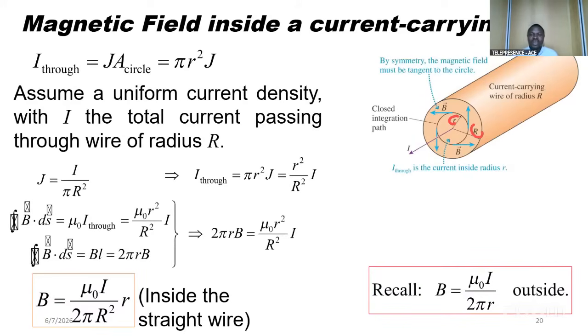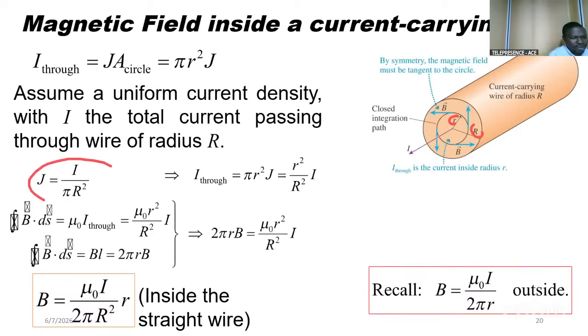So the current through the wire is equal to the current density times the area of the circle, and the area of the circle is pi r squared. Let's assume a uniform current density, with I the current enclosed, which is the total current passing through the wire.